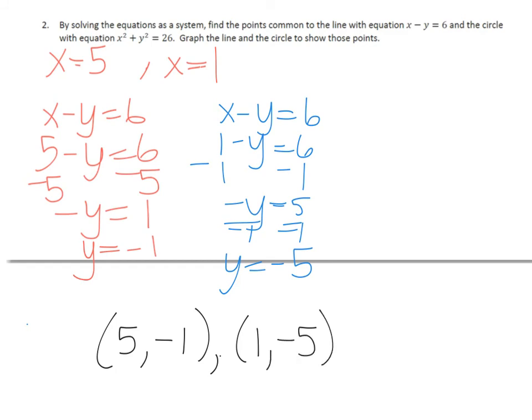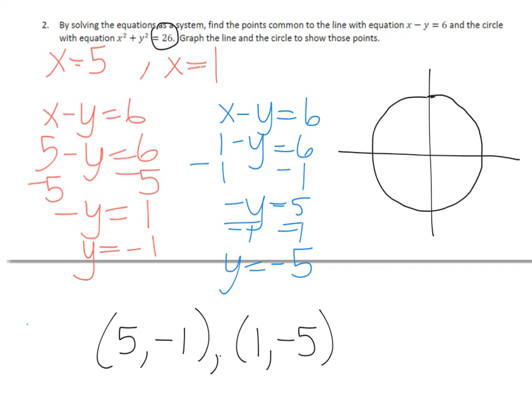So we sketch a graph of this. We have our circle. And since our number here is 26, which is about 25, so we know the square root of 25 is going to be 5. So our circle is going to be about 5. And our line was y is equal to x minus 6, so somewhere down here for the minus 6 y-intercept.